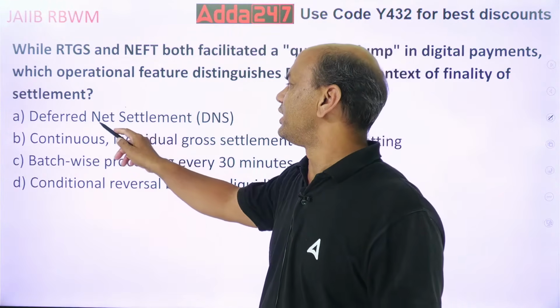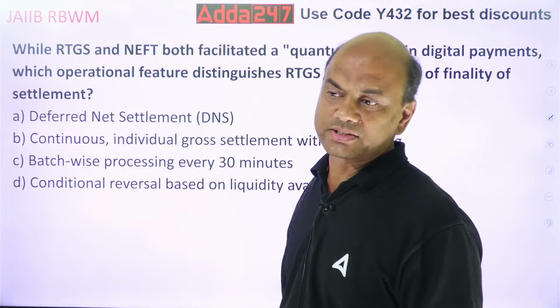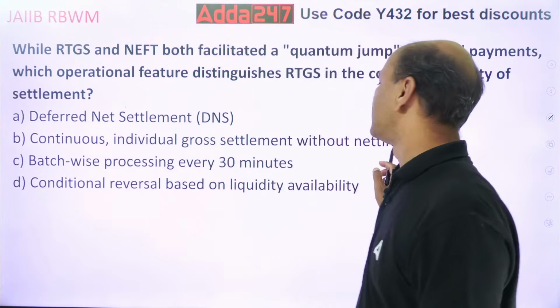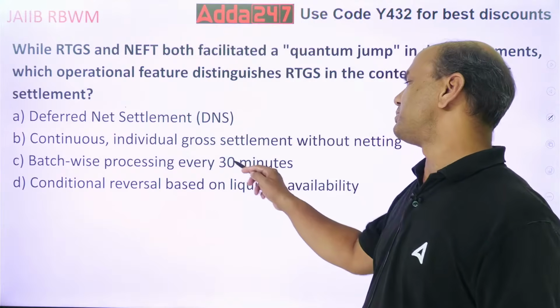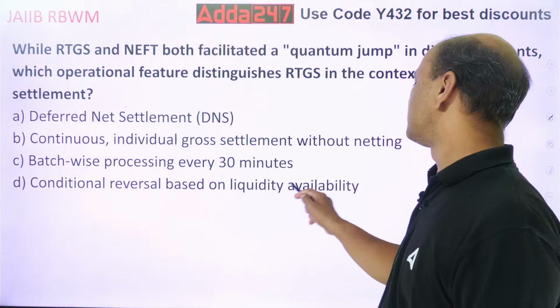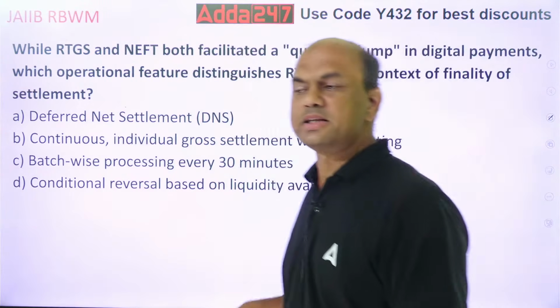NEFT, deferred net settlement, this is what? This is in NEFT or RTGS. Continuous individual gross settlement without netting. Batch-wise processing every 30 minutes. Conditional reversal based on liquidity availability. So what is RTGS? What does RTGS consist of?